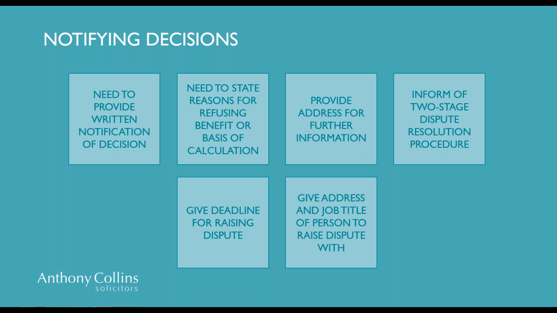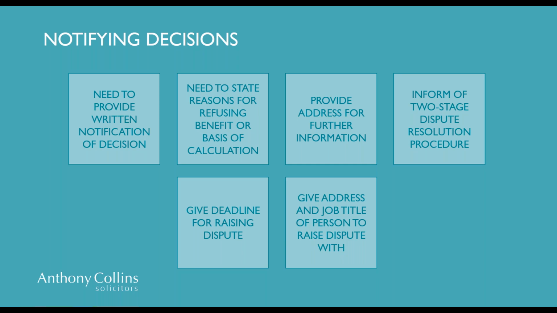So, for instance, when a scheme employer makes a discretionary decision, so let's say there's a decision not to award a discretionary benefit, so not to grant additional pension on making someone redundant, then that decision should be notified to the member and they should be given details of the dispute resolution procedure.